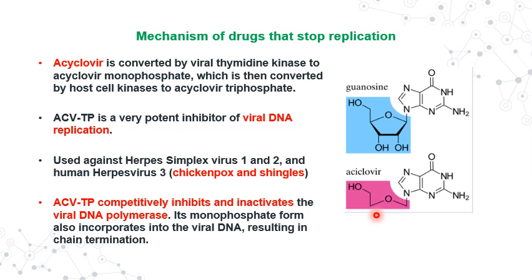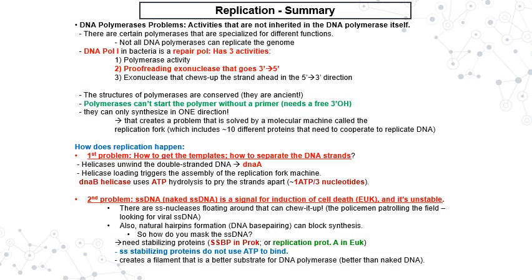Because this drug will bind strongly to the viral polymerase, like 100 times stronger to the viral DNA polymerase than it would bind to the host cell. So it's actually selective for a certain type of viral polymerase. So there are certain drugs that you can use for inhibiting viruses.